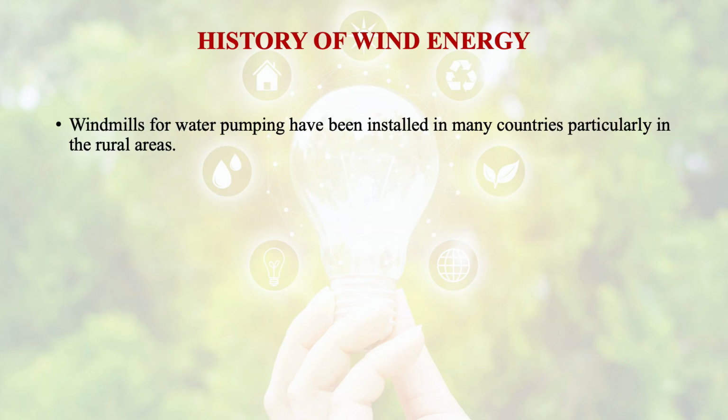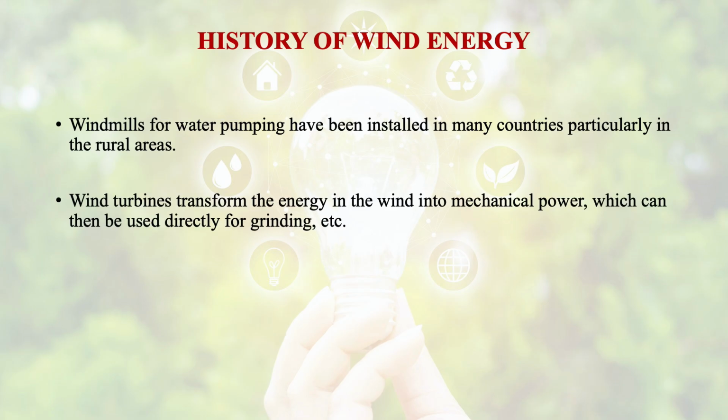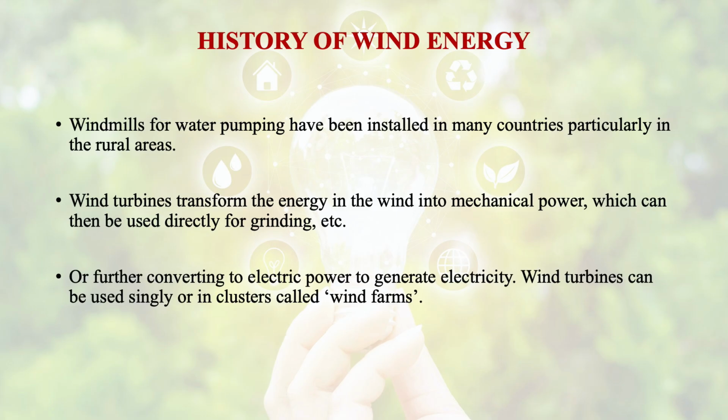Windmills for water pumping have been installed in many countries, particularly in rural areas. Wind turbines transform the energy in the wind into mechanical power, which can be used directly for grinding, etc., or further converted to electric power to generate electricity. Wind turbines can be used singly or in clusters called wind farms.